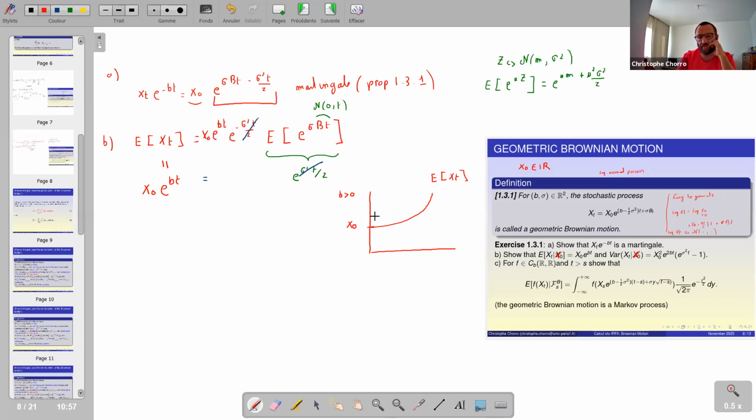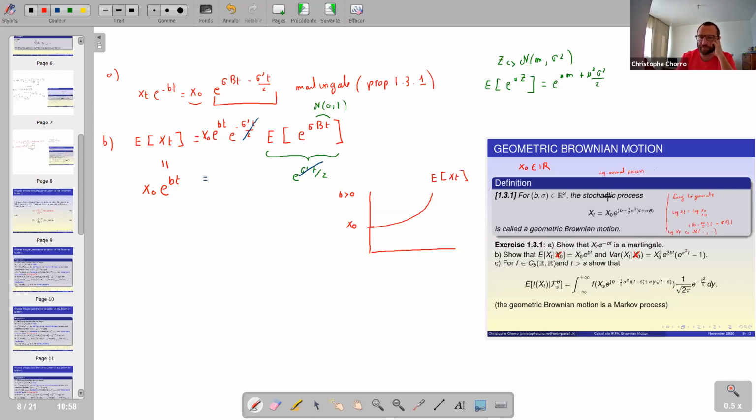What will be interesting is to remark what X_t is in fact. X_t is a deterministic part plus a part involving the Brownian motion. The Brownian motion here is the only source of randomness in this expression. So if I have a sigma that is very big, it will put a big weight on my unique source of randomness. If I have a sigma that is very small, my source of randomness will be very small.